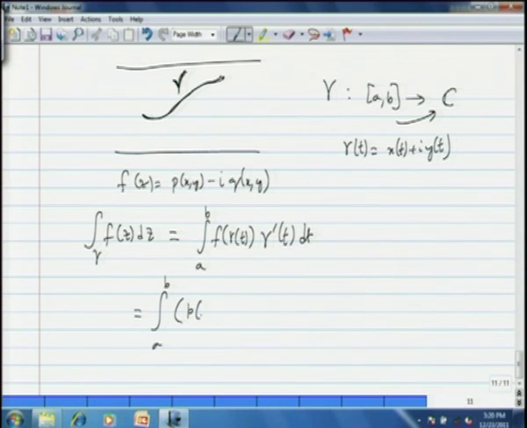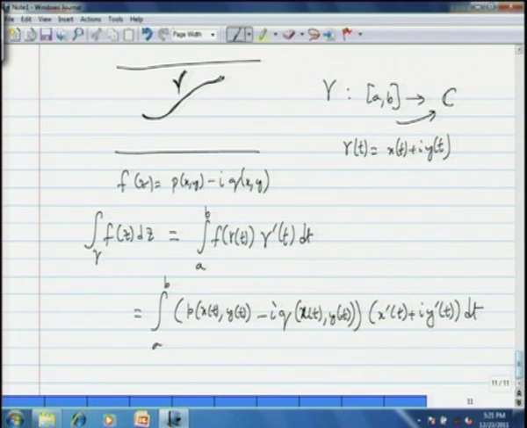So, p of x of t comma y of t, minus i times q of x of t comma y of t, and then times gamma prime, which is x prime of t plus i times y prime of t dt.